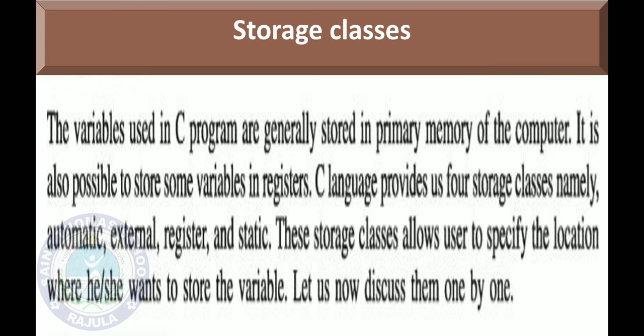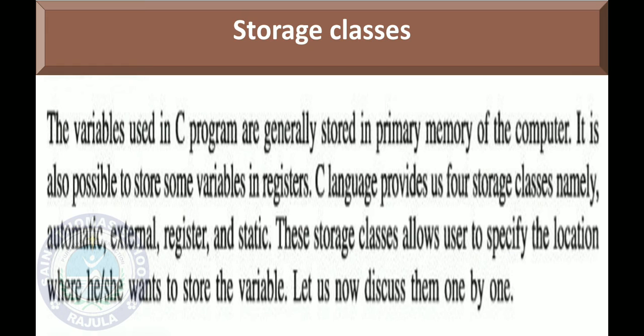So C language provides us 4 storage classes. How many storage classes does C language provide? 4 storage classes. They are namely automatic, external, register and static. First automatic, second external, third register and fourth is the static storage class.